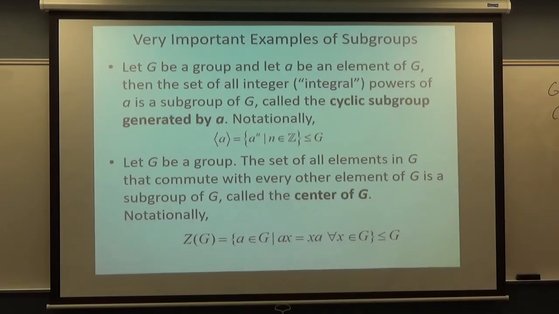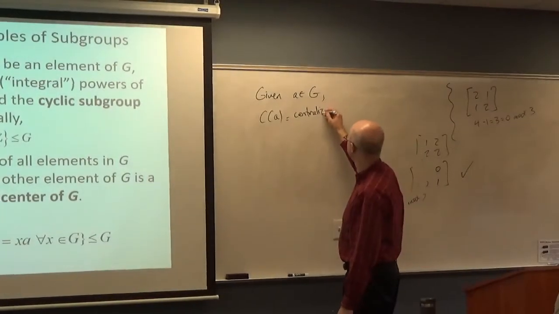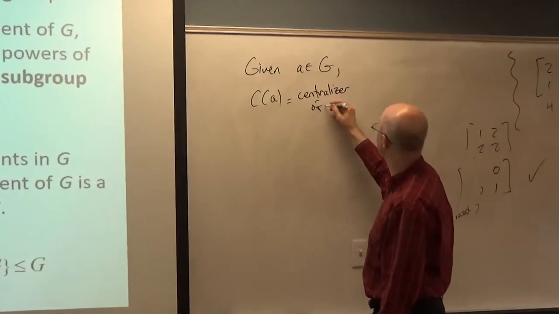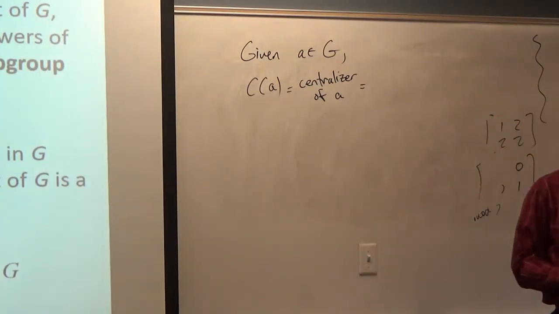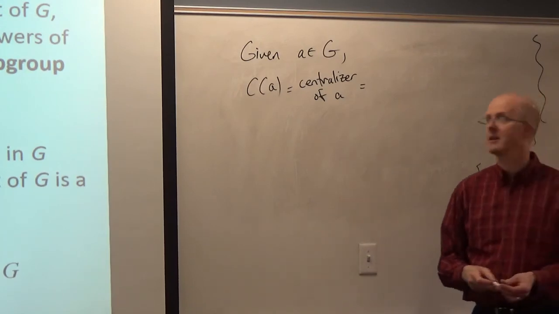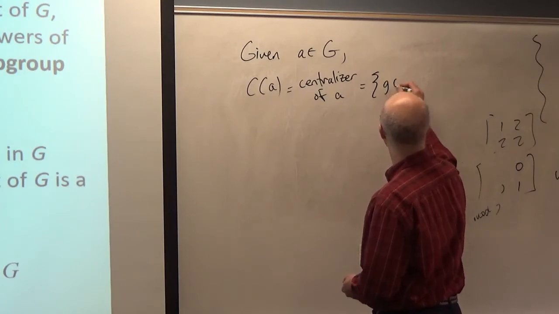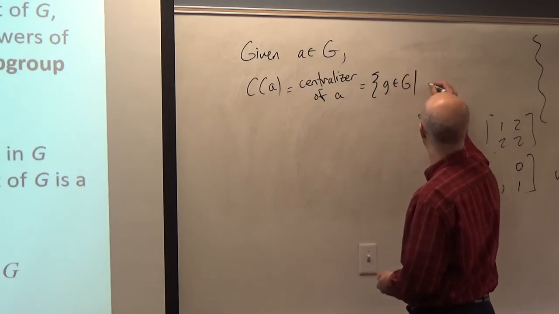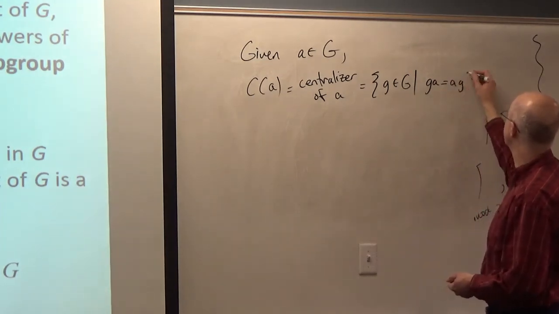Denoted by C of A. This is called the centralizer of the element A. It's the set of all things in the group that commute with this given element A. The set of all little g in capital G, say, such that the product g times a equals a times g.